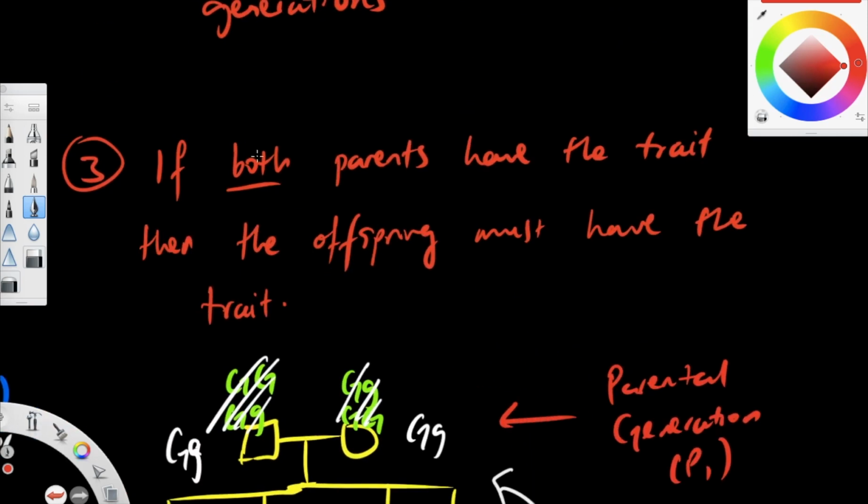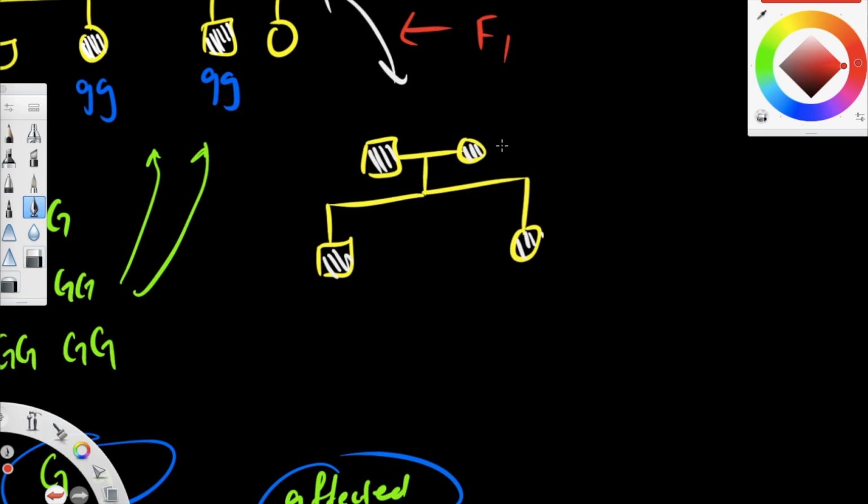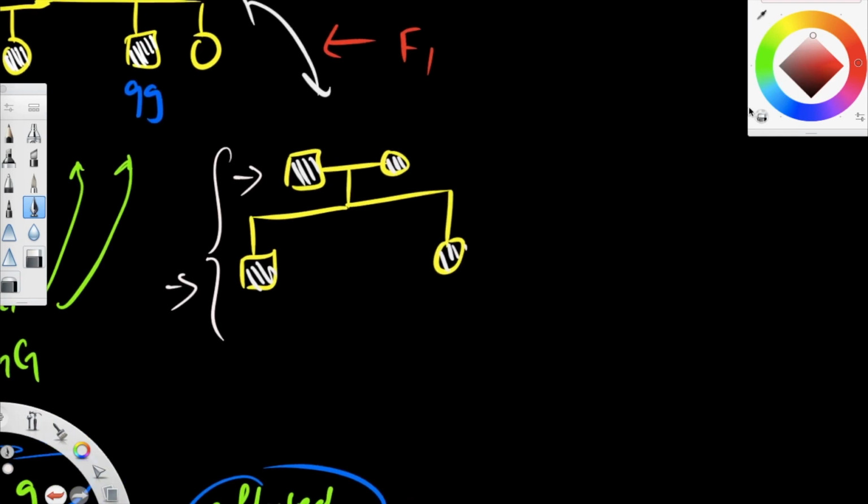And in the third scenario, we said that if both parents have the trait, then the offsprings must have the trait. So this is basically this example. In this case, both parents are affected, and all the offsprings must have the trait. So let's see why. These two parents are affected, therefore they must have lowercase g alleles, right? They have blue eye color, therefore they must have lowercase g and lowercase g.